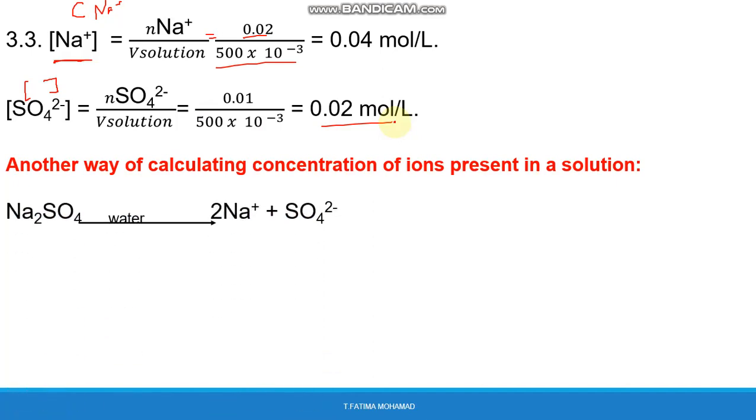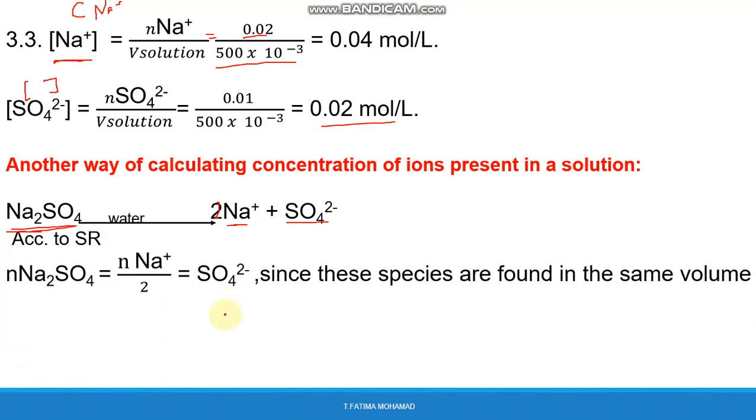According to the stoichiometric ratio, the dissociation of Na2SO4 gives Na+ and SO4 2-. When balancing, we write 2 here. Number of moles of Na2SO4 equals the number of moles of Na+ over 2 equals the number of moles of SO4 2-.